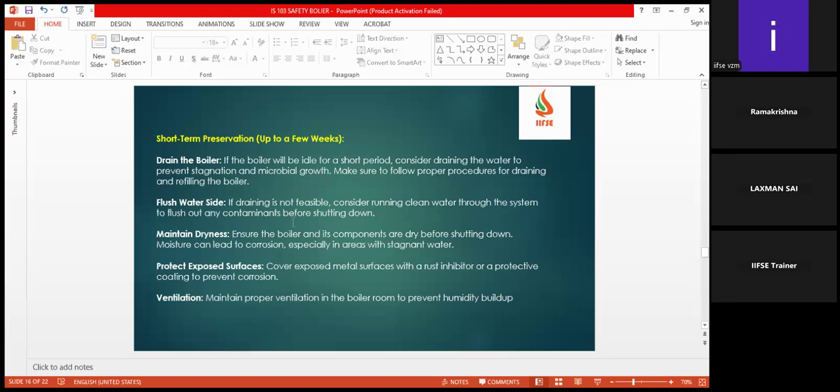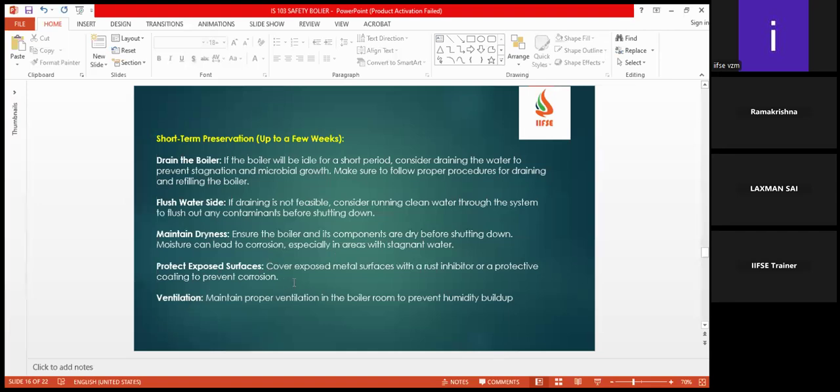Then maintain dryness. Ensure the boiler and its components are dry before shutting down. Moisture can lead to corrosion, especially in areas with stagnant water. So we have to ensure that there is no water stagnation inside the boiler, and before shutting down, that all the components, all the fittings inside the boiler are completely dry.